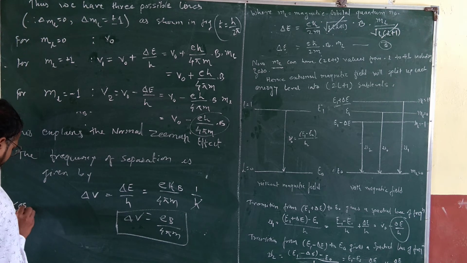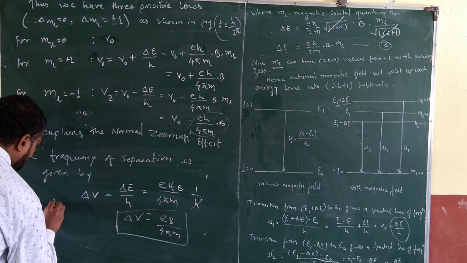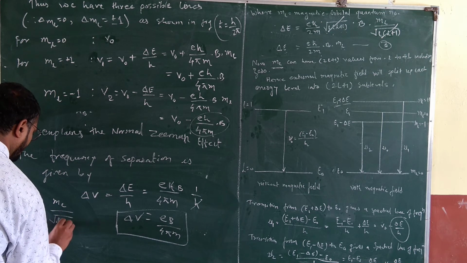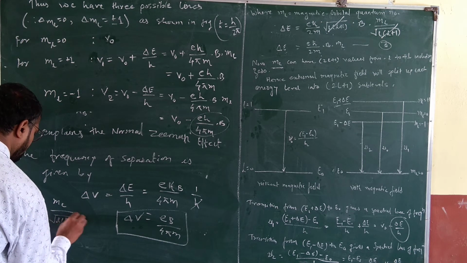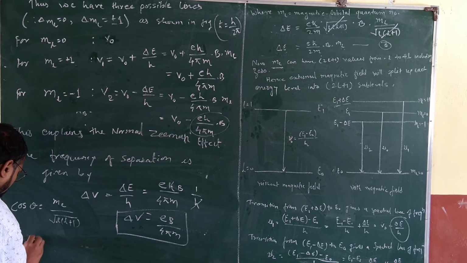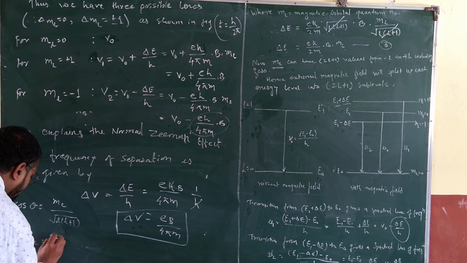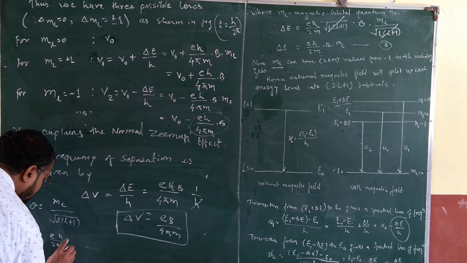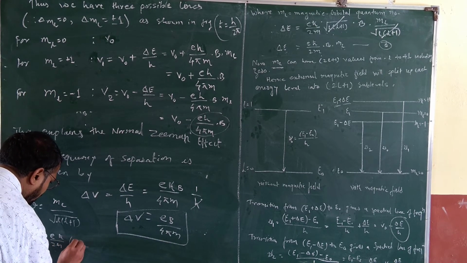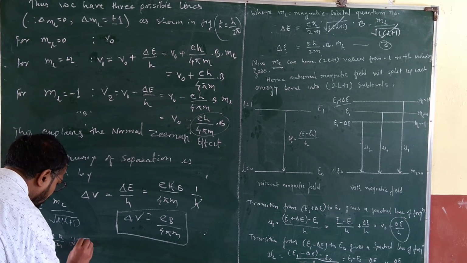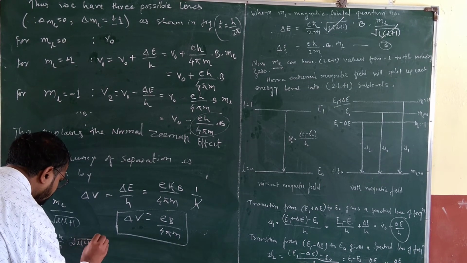So what is the cos theta value? That is m l upon under root of l(l+1). Okay, what is the value of mu L? That is e h cross upon twice m into under root of l(l+1).